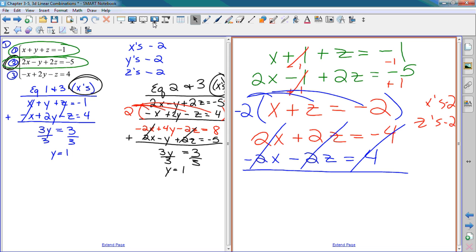Or is one the equivalent of the other? 2 and 3, they're not the same. None of them were supposed to be. This is just a special situation. I did this one on purpose. These lines don't intersect, so there's no intersection point. So it means there's no solution.